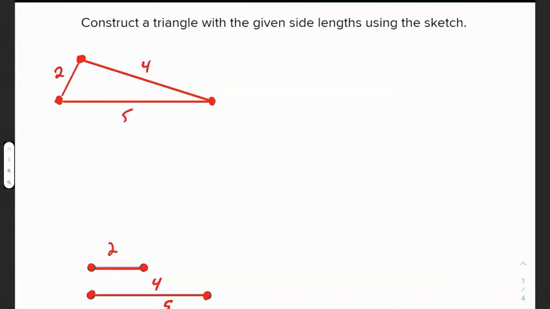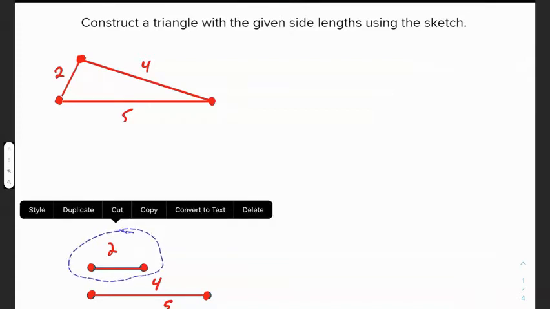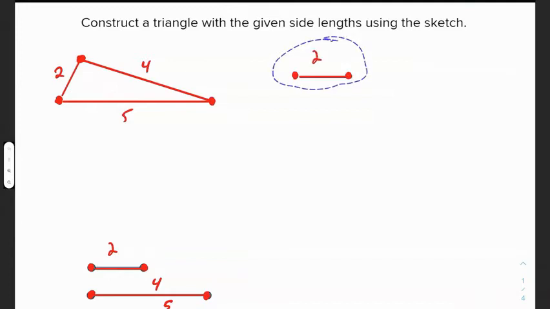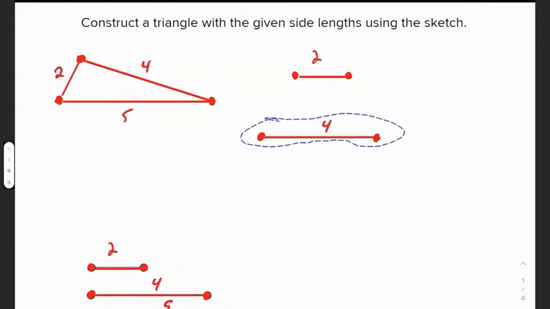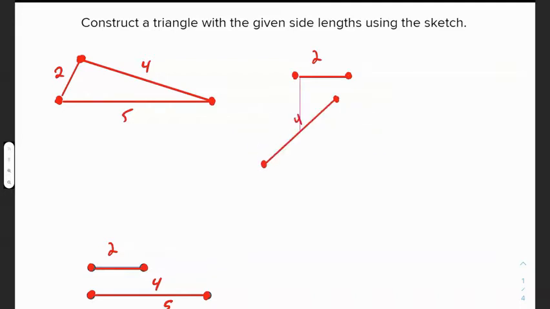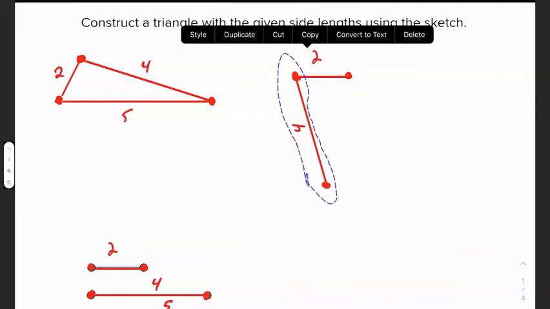Now, if I told you, I want you to make a different triangle, but I want you to use the same exact distances. So you're like, okay, I'll use that piece there, and I'll use this piece here, and I kind of shrunk my side a little bit there, so that's gonna probably affect me later on down the road.